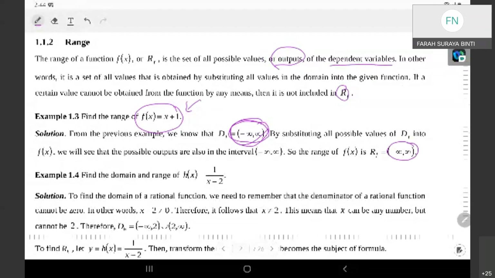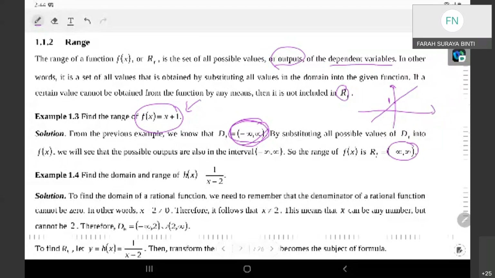Okay, ataupun boleh tengok daripada segi graph dia. Okay, this is the graph for f of x equal to x plus 1. Kan, kat sini dia y-intercept dia dekat 1 kat sini. So dia adalah graph of straight line sebab dia linear. So the range adalah all the possible values of y.